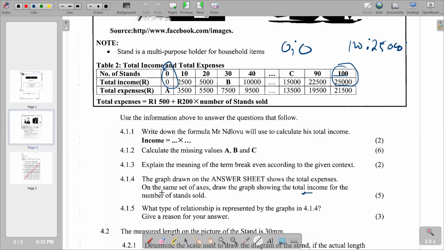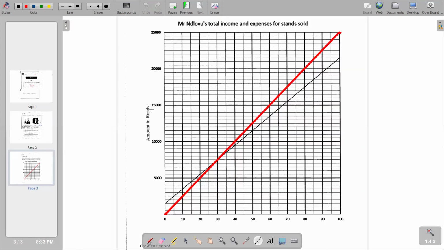Remember, our question needs us to draw the graph showing the total income for the number of sales sold. So this is a representation of total income. We can give it a label so that it can easily be seen that this is our total income.